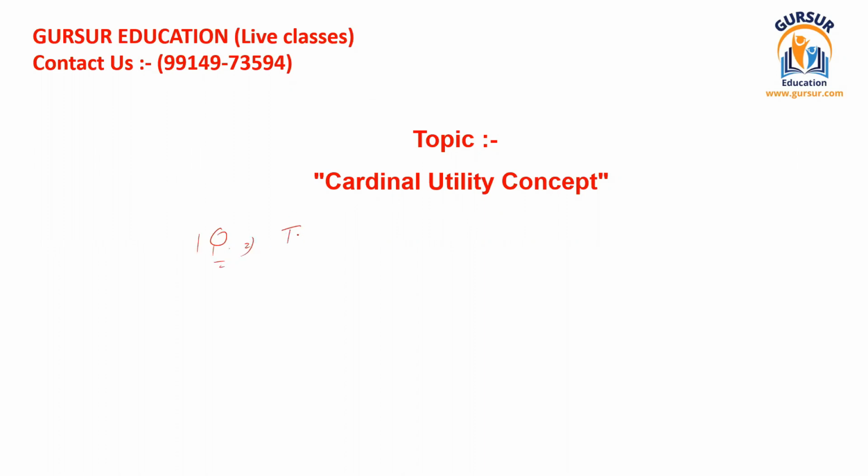The first one is about total utility, and the second one is about marginal utility. Then thirdly, I shall tell you what is the law of diminishing marginal utility. And finally, we shall be talking about the law of equimarginal utility. These are very important to understand and go through.